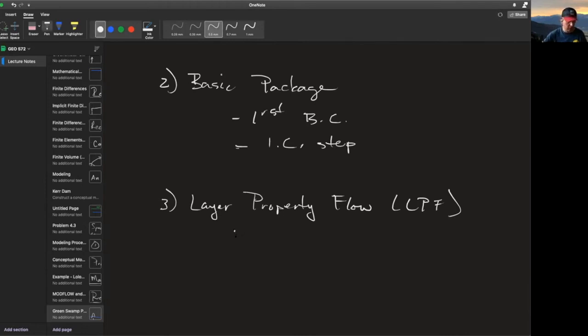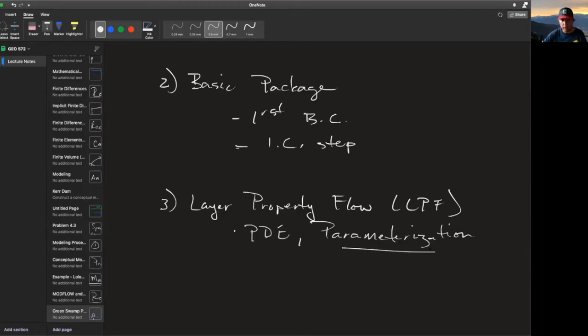So it tells it a little bit about the PDE, and it tells it about parameterization. So this is the PDE. How are we going to think about the aquifer?